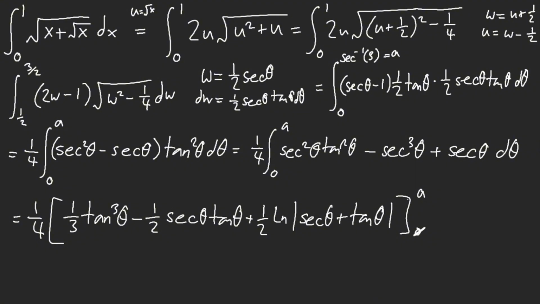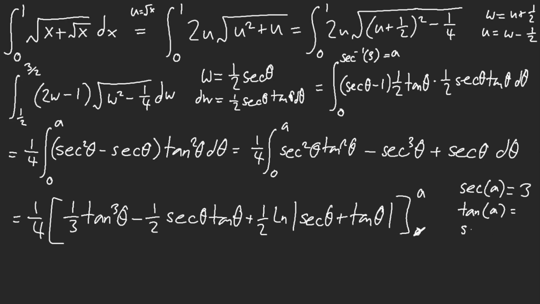Now for a, plugging in a, we can put it at the side and label it as reference, so you don't have to mentally solve it. So a is equal to inverse secant of 3, so secant a is going to equal 3, and tangent a is going to be, I'm sorry, that's not right.